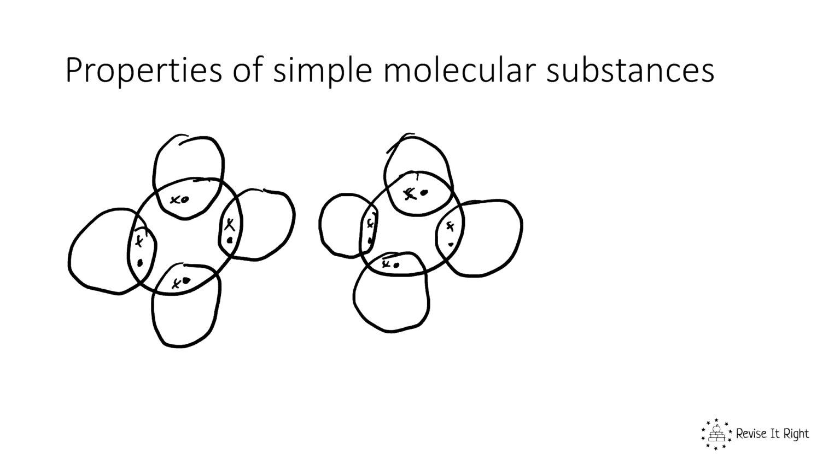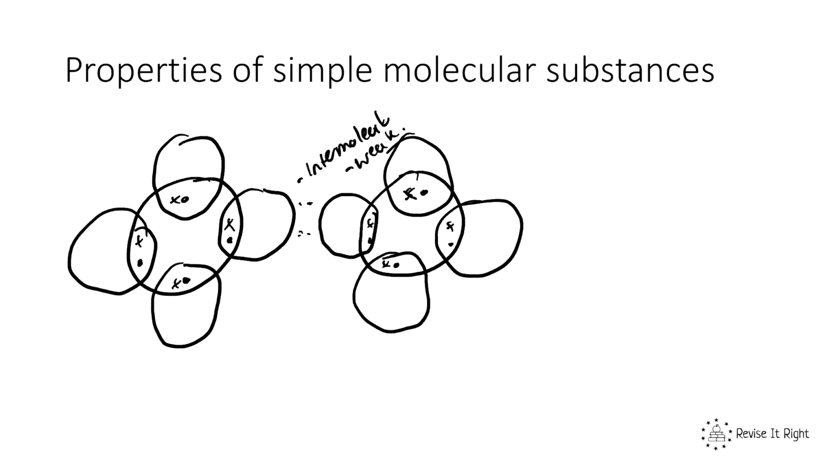This therefore leads to properties of simple molecular substances that are the same across all simple molecular substances. You'll remember us saying that the intermolecular forces between different molecules of our simple molecular substances, so here when we're talking about methane, are weak.